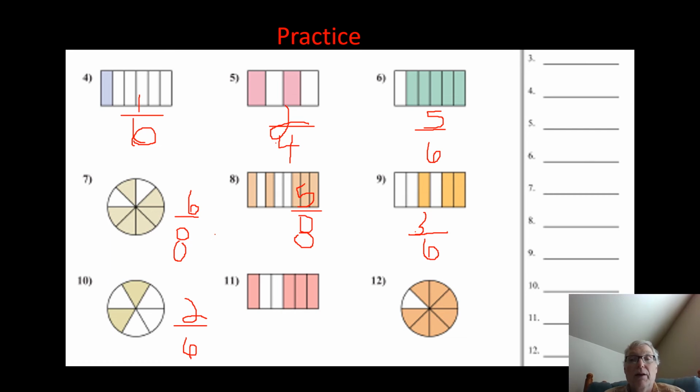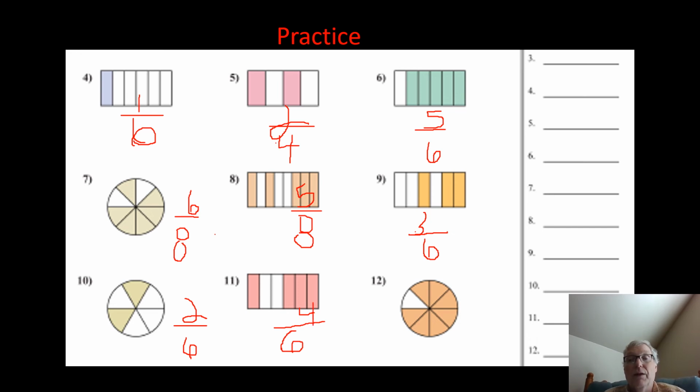And let's go ahead, number 11. Again, let's find the total number. That would be 6. Now let's find the total number of colored bars. That would be 4. There you go.